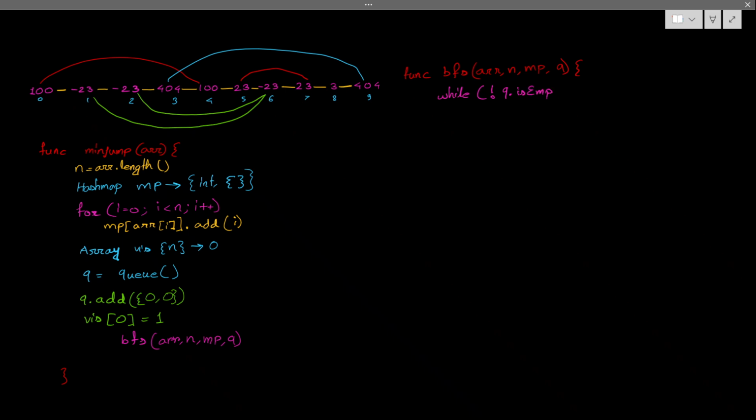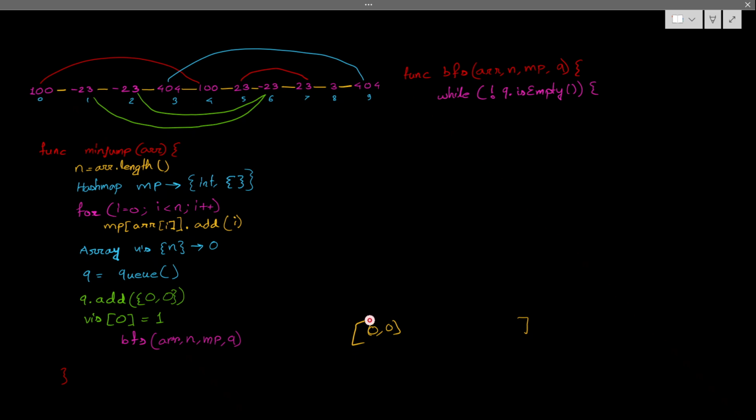Until that is the case, I'll run my BFS. And what I have to do is first take the front element in the queue. This is my queue, in which I have added 0 comma 0.